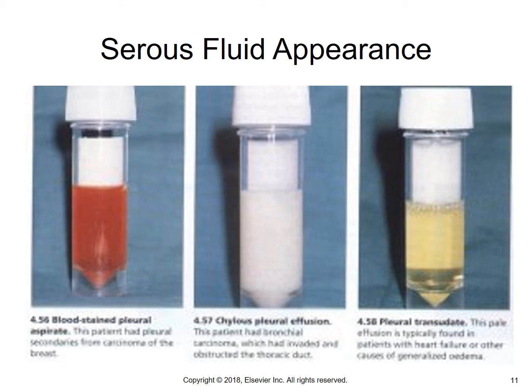Now in the middle, the chylous effusion is definitely that milky white, high fat content type of specimen. And the last one is a pleural transudate where it's clear, it's pale, and found in systemic types of diseases. Now, if it was a pleural exudate, you would see that this specimen would be cloudier.